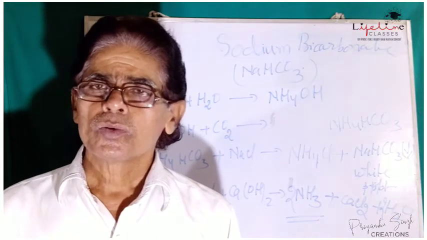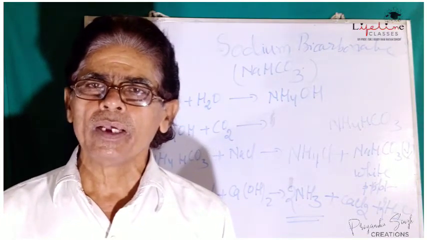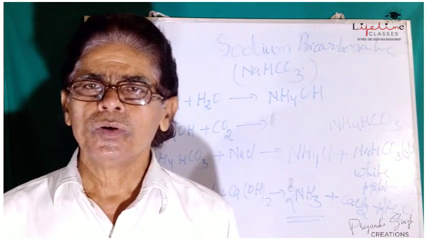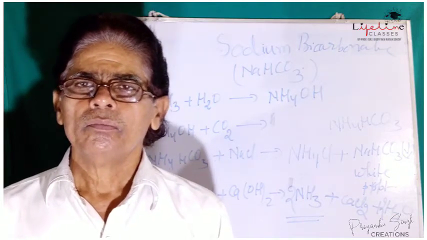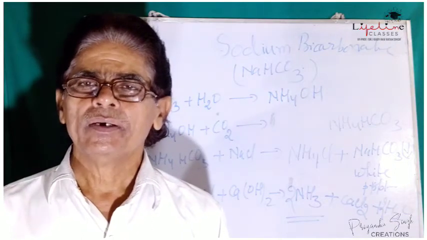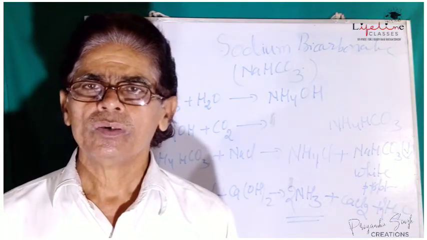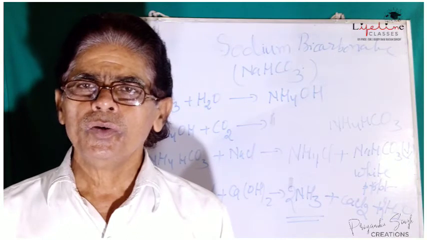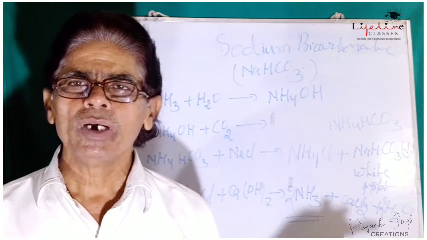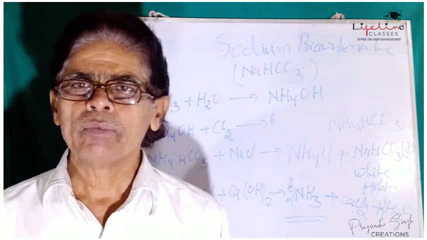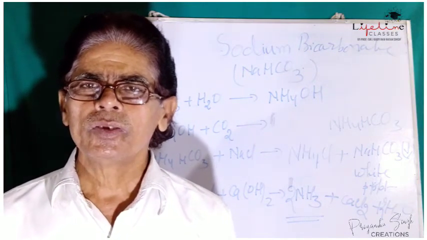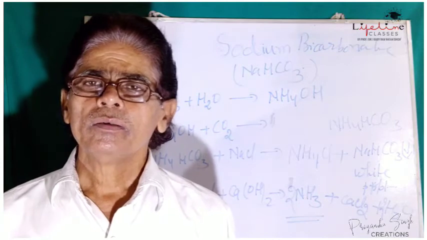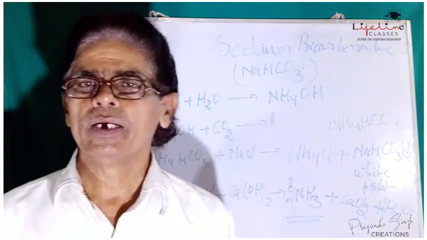When the baking powder is used along with flour to make a baking material, that is dough, and the dough is baked in the oven, the sodium bicarbonate gets heated to some extent, and on heating it gets converted into sodium carbonate and carbon dioxide.